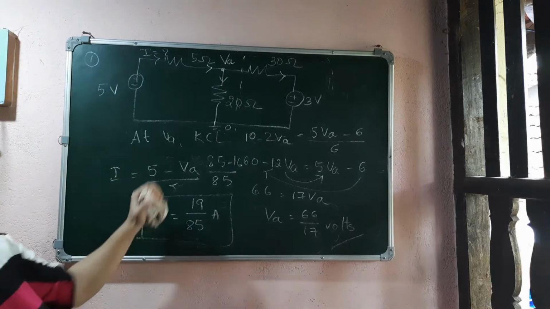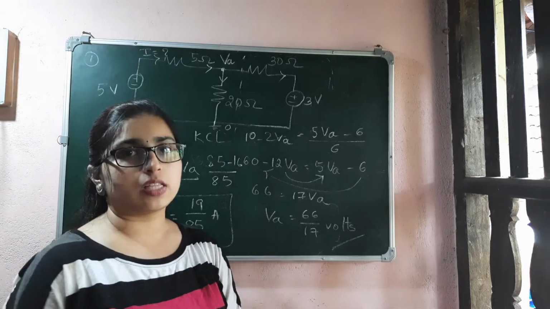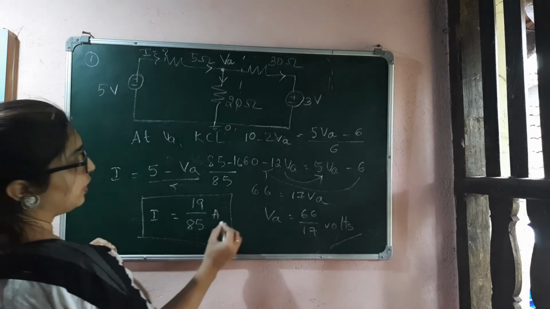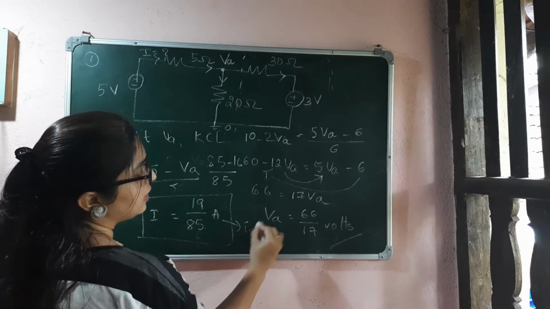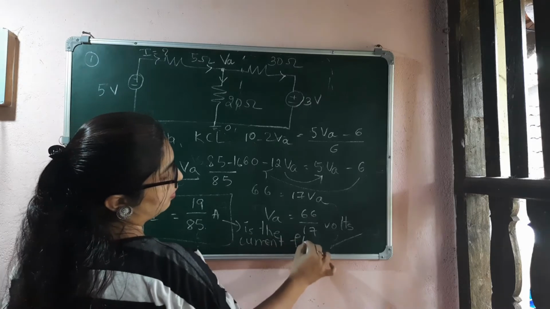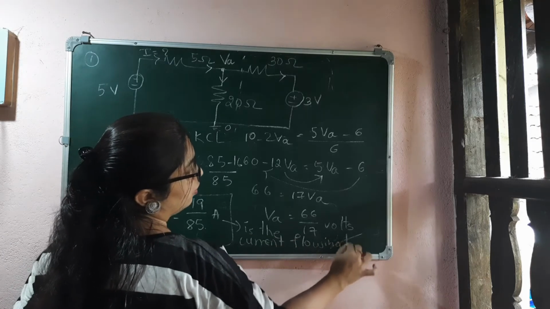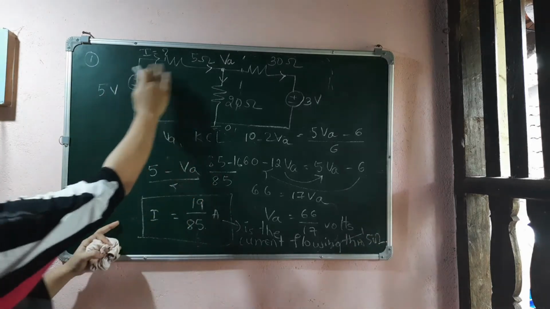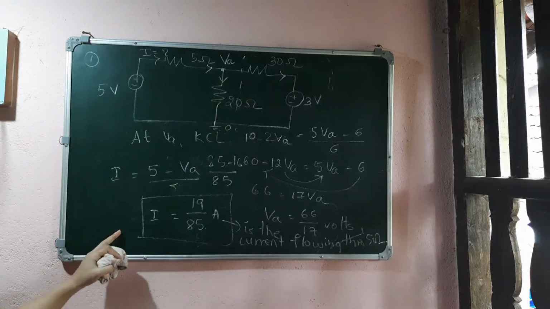So using nodal analysis and the source transformation technique, we got the answer: I is equal to 19 by 85 ampere is the current that is flowing through the 5 ohm resistor.